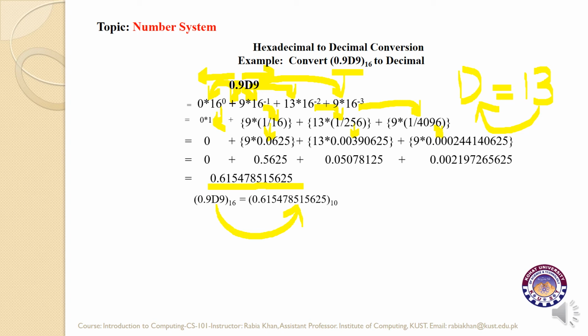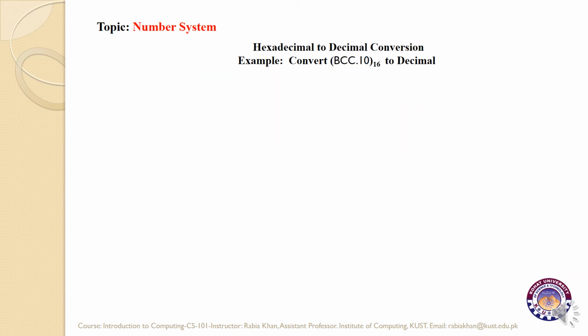Now we are going to perform a whole number conversion, having a complete integer part and a complete fractional part, in order to differentiate between the multiplication process and the powers. Here you can see we are given a complete hexadecimal number containing an integer part and a fractional part.